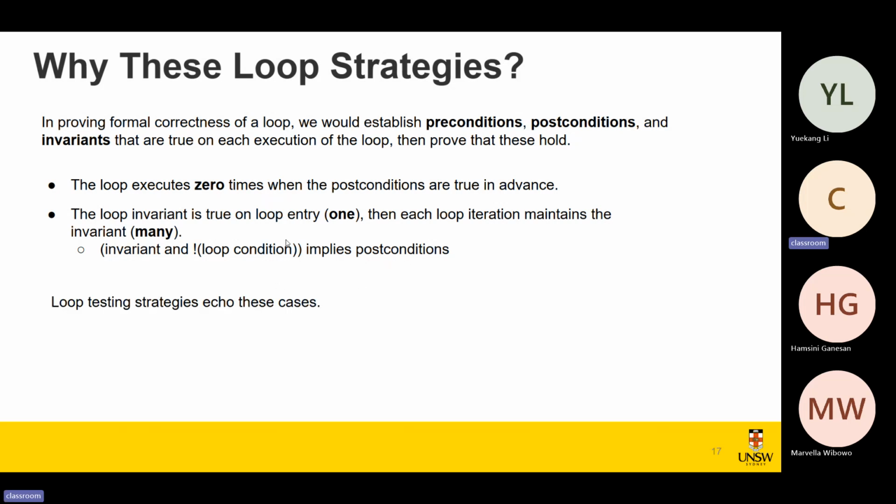So these are the strategies. So this is an explanation of why we use 0, 1, 2 for the boundary values. It's not like randomly chosen. It's because we are trying to systematically echo the strategies used for formal verification. So it's not a random number 0, 1, 2. It's chosen because of these reasons.